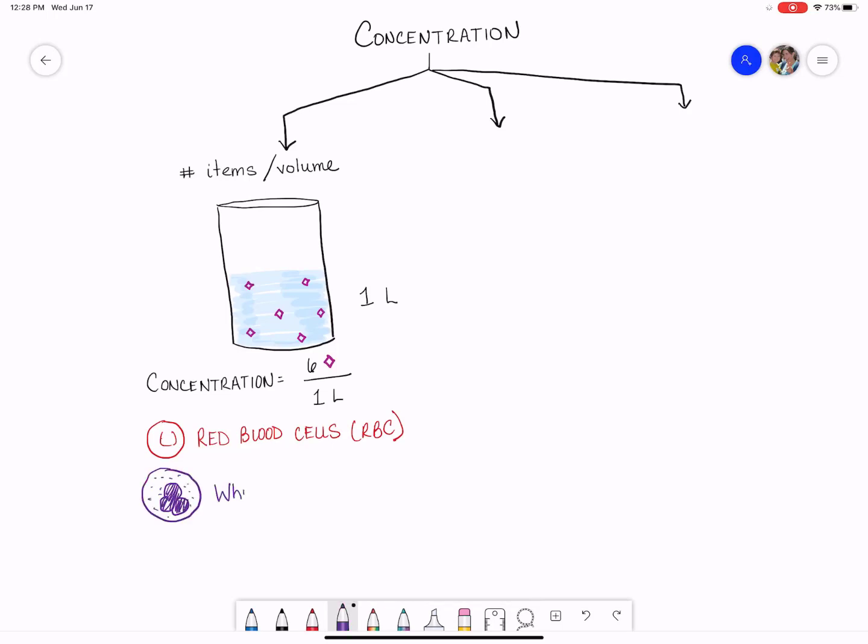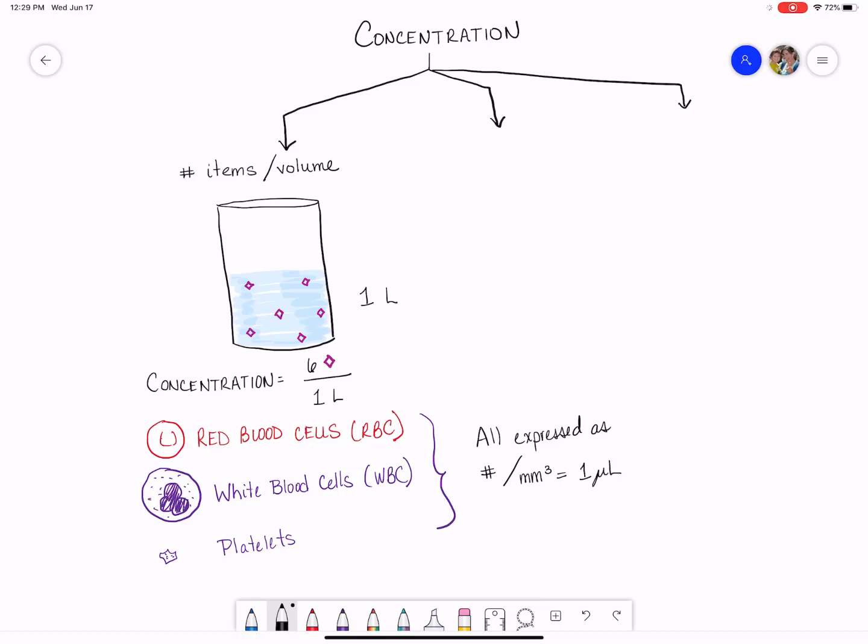So when we express the concentration of red blood cells or white blood cells or platelets in your blood, it is usually the number of red blood cells or white blood cells or platelets per millimeter cubed of blood. And we know that millimeter cubed means 1 microliter.